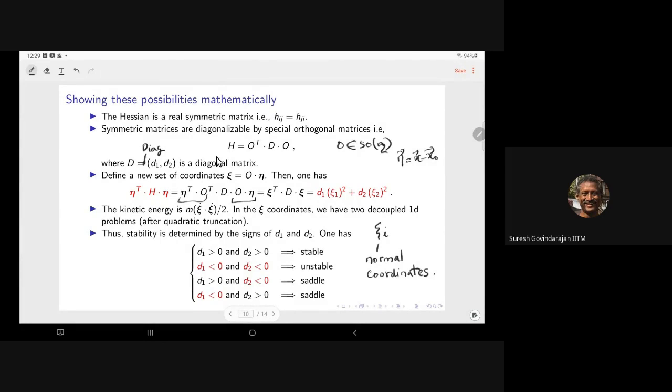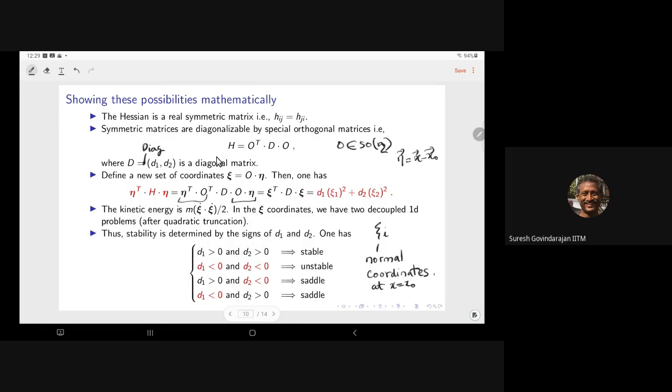If x1 is some other fixed point, there you have to go locally again. There you have to compute the Hessian of the potential at that point, and then there will be a different orthogonal matrix and a different set of normal coordinates. So these are normal coordinates at or near x equal to x0.